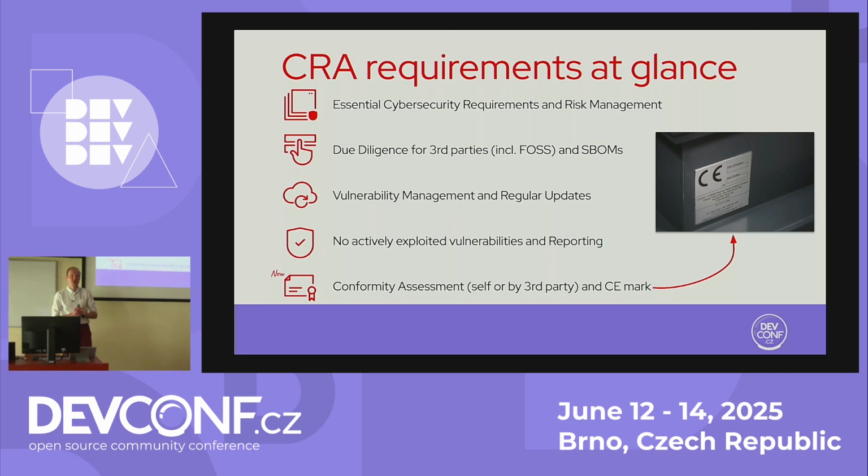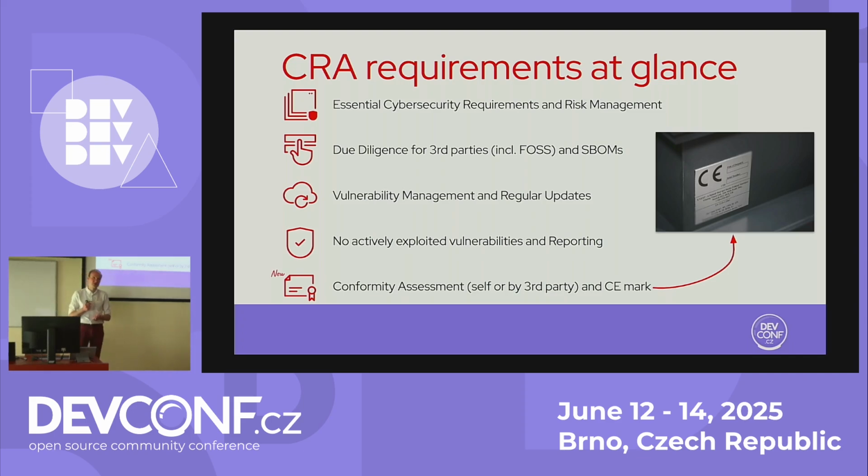Essential cybersecurity requirements and risk management for those manufacturers of the products with digital elements. Keep in mind, software is also in scope. Due diligence for third parties, including free and open source components and producing SBOM, software bills of materials, an inventory of the components that I consume.